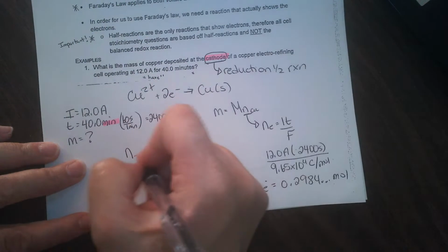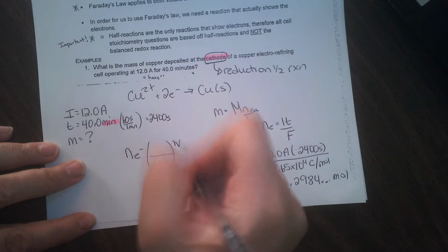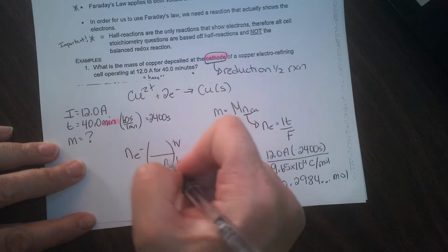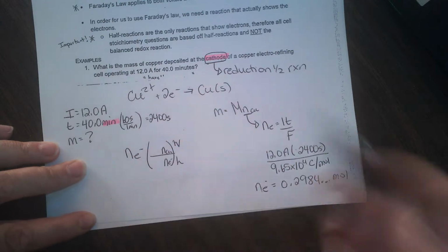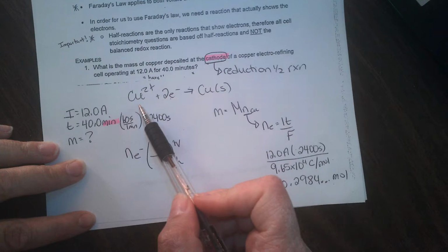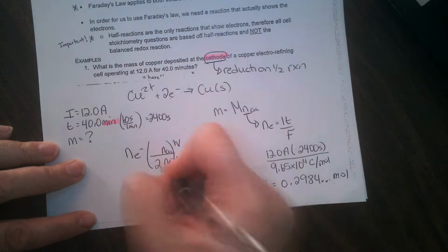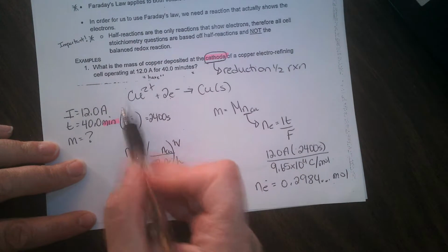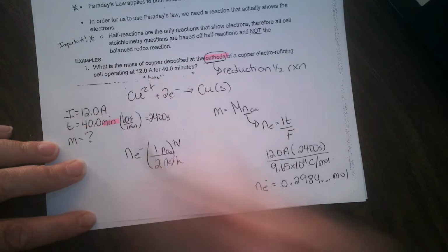So I'm going to take my moles of electrons and look at want over have. I have moles of electrons. I want moles of copper. How many electrons are there for 1 mole of copper? 2 moles of electrons for every 1 mole of copper. There's an unspoken 1 here.